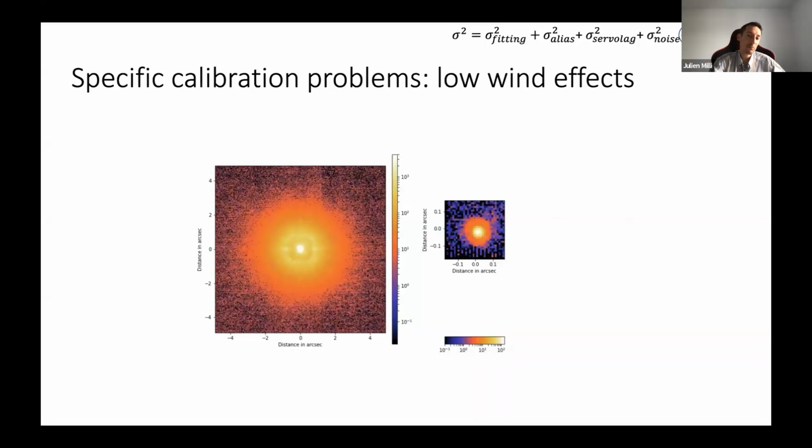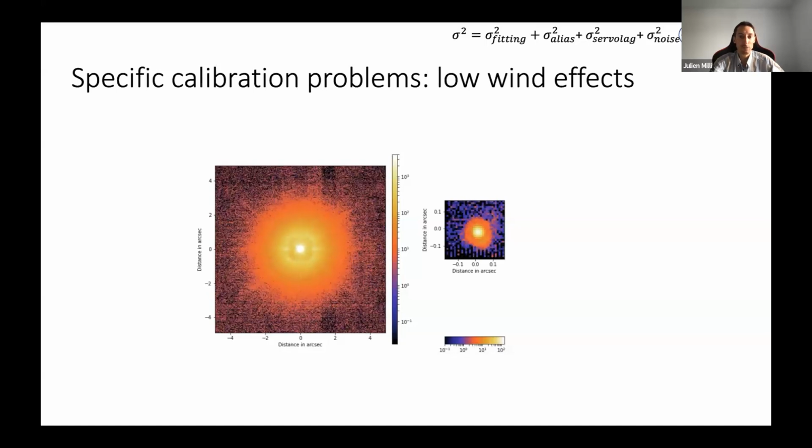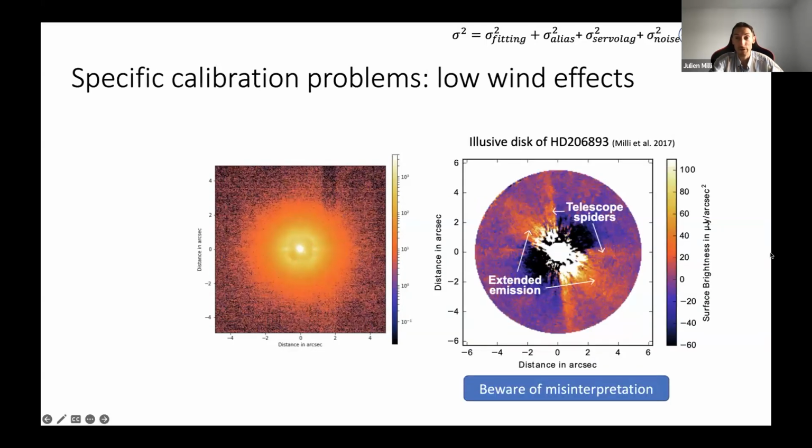You may think that it's not really an issue, but actually when you try to subtract your star, if you haven't well evaluated this contamination by the spiders of the telescope in your focal plane image, you can get wrong detections of disks, which is what happened to me, for instance.